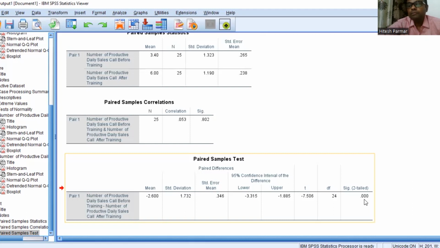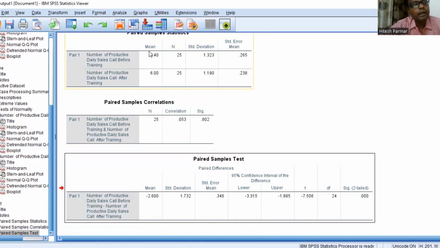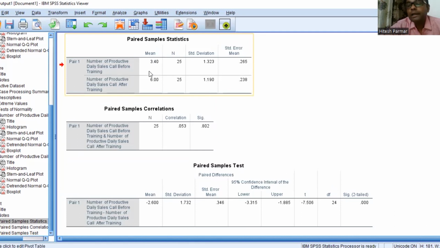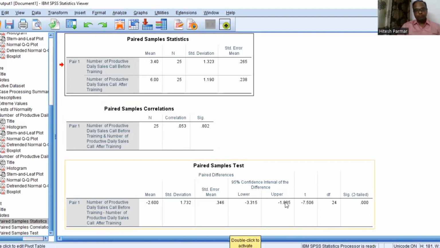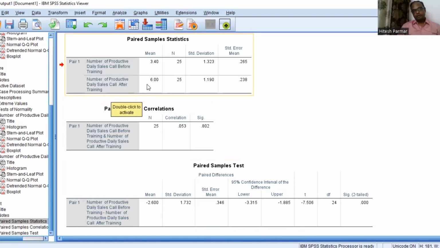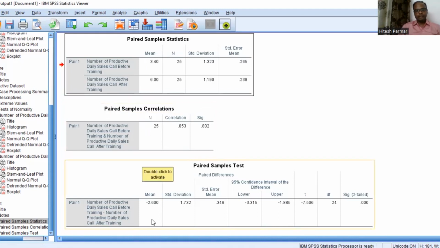So how do we confirm the improvement? Number one, you can look at the mean values and conclude that yes, the difference is significant, and the mean went from 3.40 to 6, so there is an improvement. Number two, if the P value is less than 0.05 and your mean difference is negative, you can confirm the improvement.